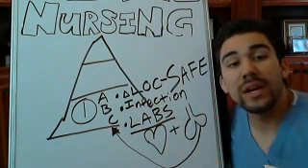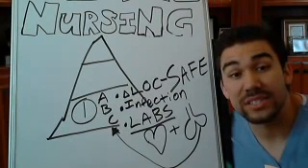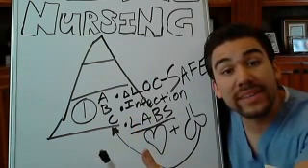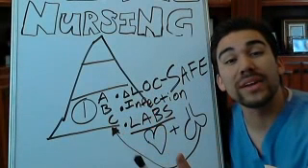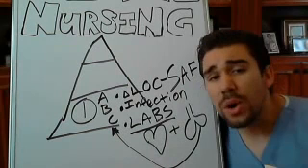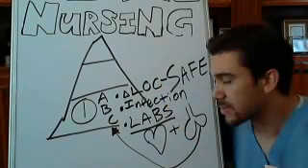You have to know your criteria for your SIRS, your septic patients, in terms of are they going into SIRS criteria? That's systemic inflammatory response syndrome criteria. If you guys don't know that, then you're not going to be able to understand who goes first.